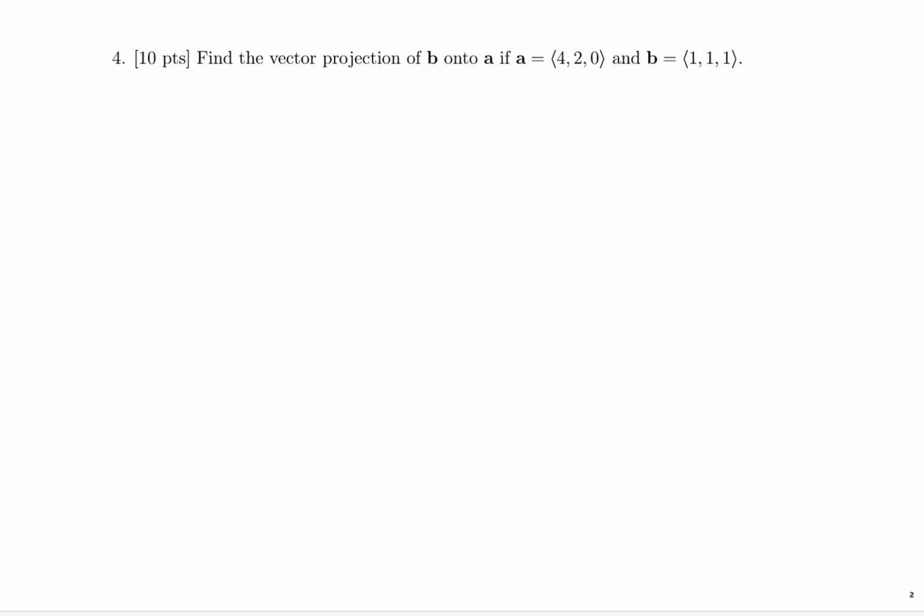Yes, the vector projection of vector B onto A equals A dot B divided by A squared, which is actually a constant scalar, times vector A. So we need A dot A, right?